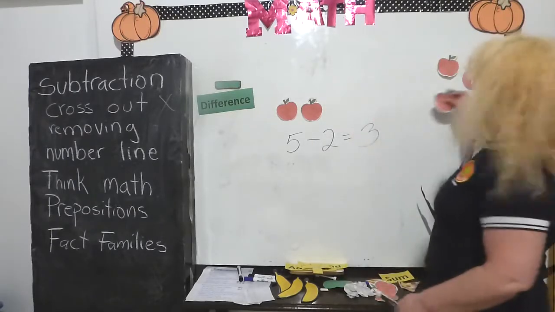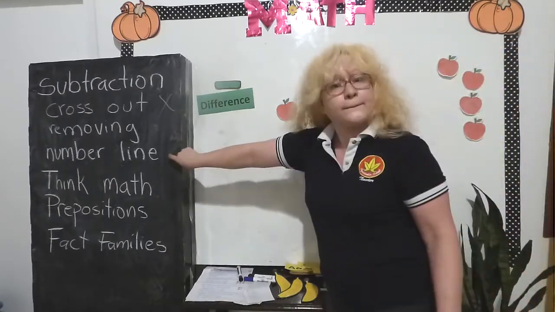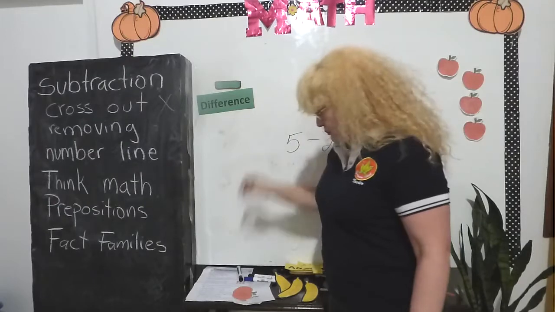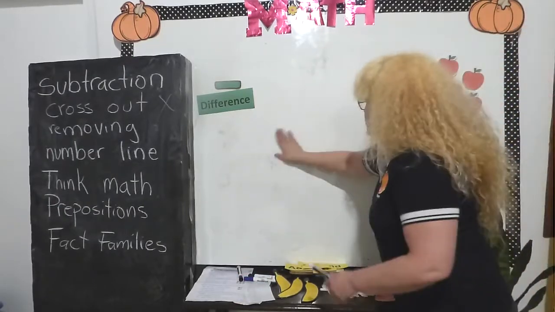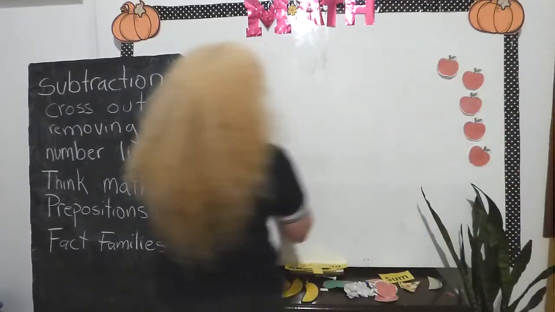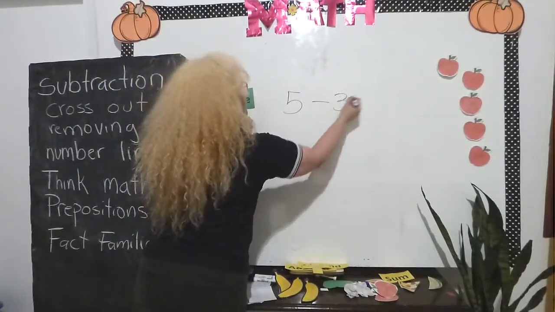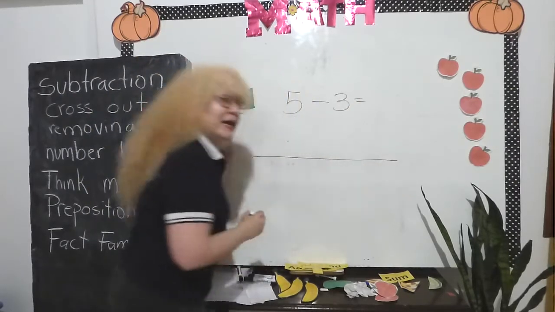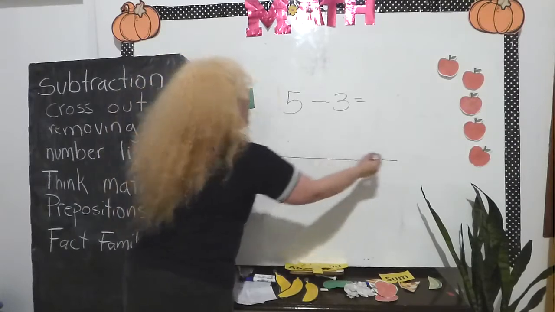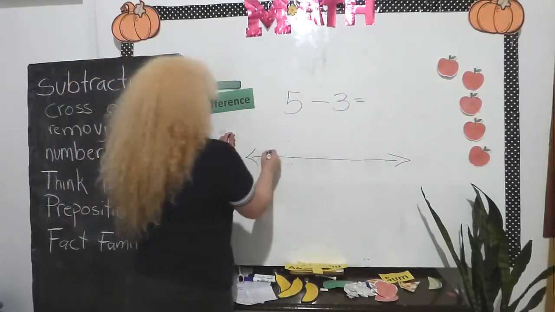And that one is using what? The number line. Okay, so I have to find the difference between 5 and 3. So I make my number line, right? Remember, big numbers over there, small numbers over here.